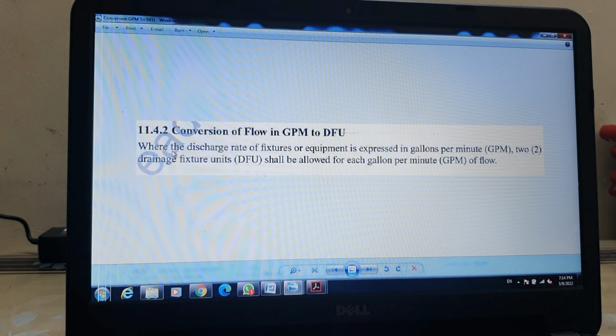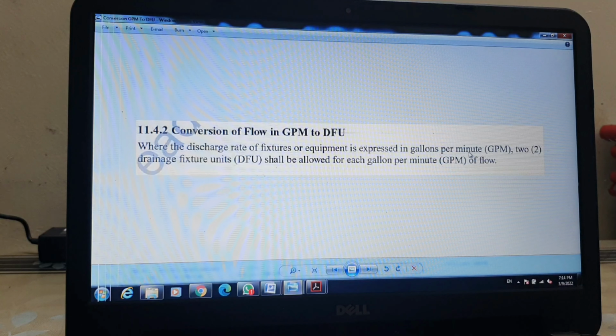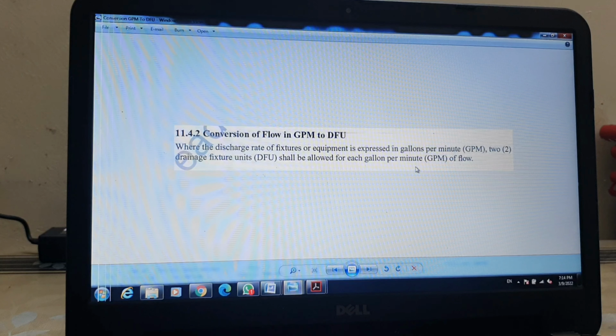thumb rule where the discharge rate of a fixture or equipment is expressed in gallons per minute. 2 drainage fixture units, DFU, shall be allowed for each gallon per minute. Okay, so this is a general fast calculation, but this will not be effective for big projects.